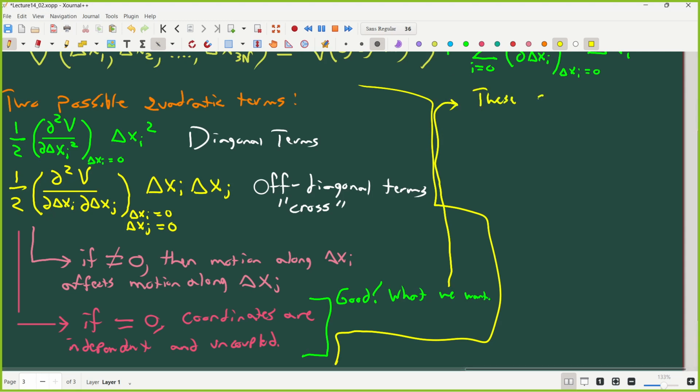These special coordinates will be what are called collective coordinates of the molecule.